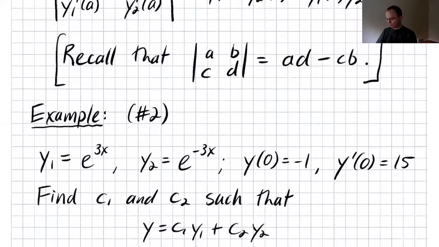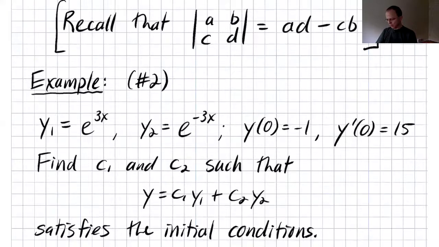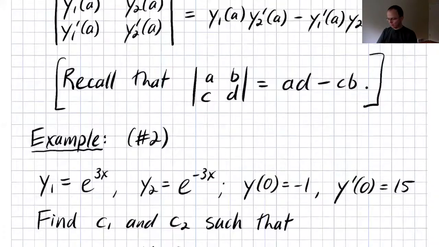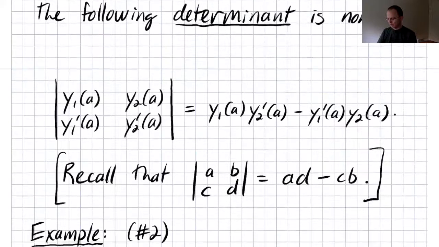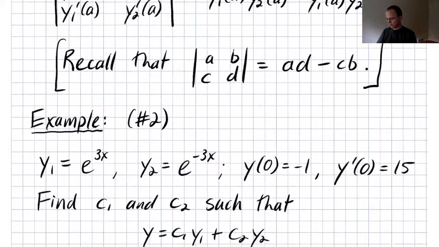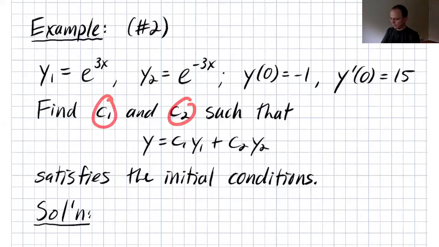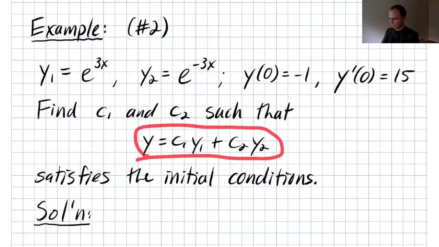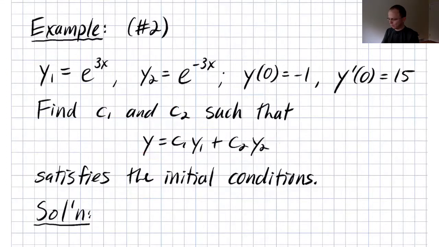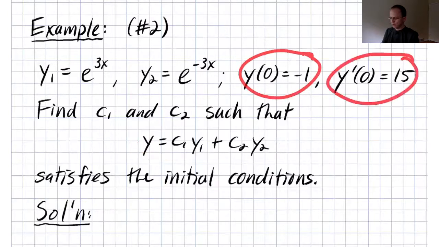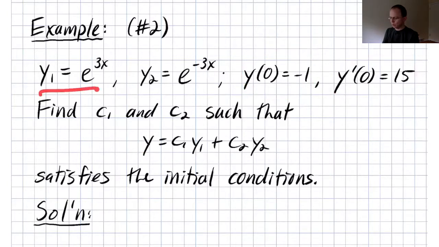Okay, so let's do an example where we determine the coefficients C1 and C2 such that this linear combination satisfies these initial conditions. This actually comes from a differential equation. These are two solutions to the same differential equation. We don't really need to know what it is, but if you're curious, I could write it out.